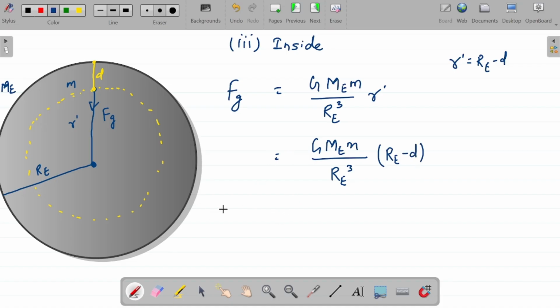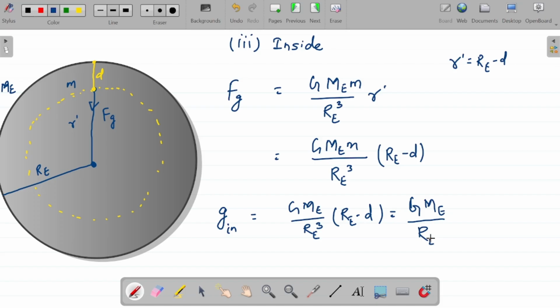And then we can write what is the acceleration due to gravity here. Let's say g inside. So this will be G Me divided by Re cube, because Fg divided by m will give us G Me by Re cube into Re minus d. And then we can rearrange the terms to make it a little bit convincing.